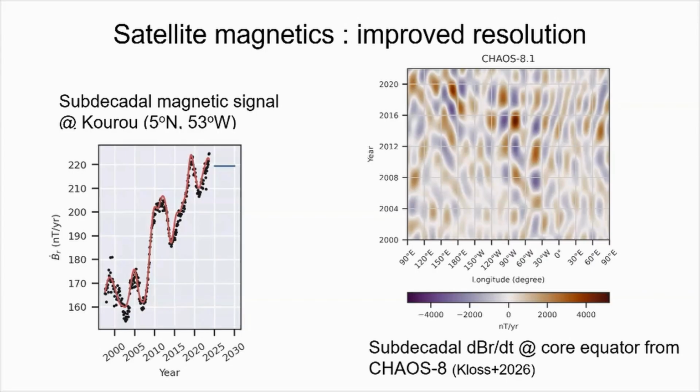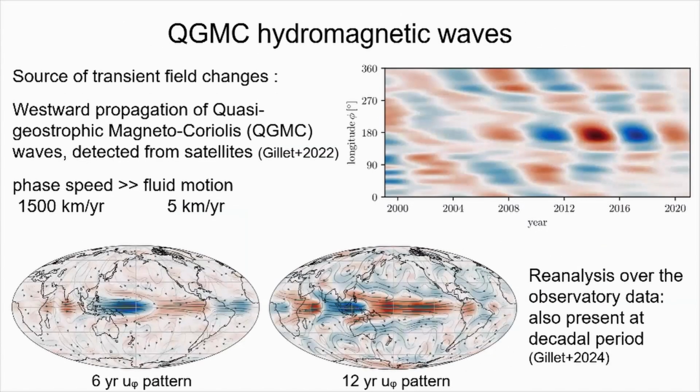This is all, of course, dependent on the finite resolution we have for these changes at the surface of the core. But there is a lot of information to chew on in order to understand the physics below the core surface. From this variation of the field, we have discovered the presence of waves.